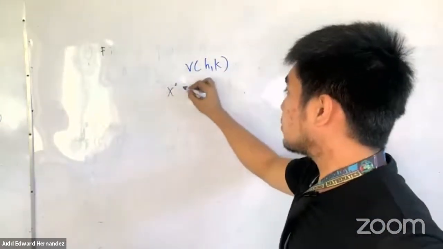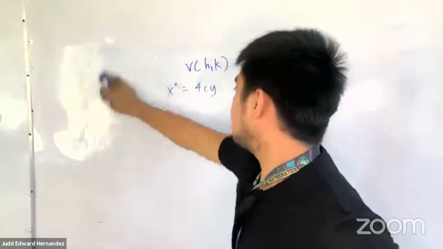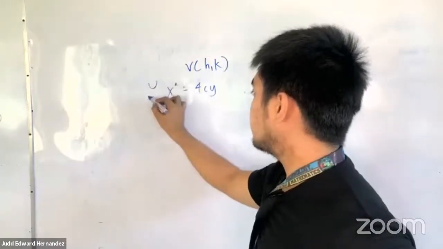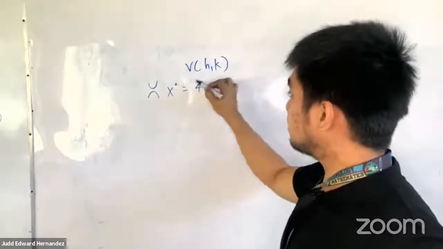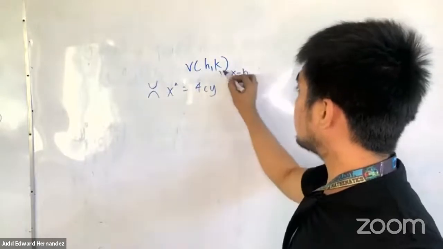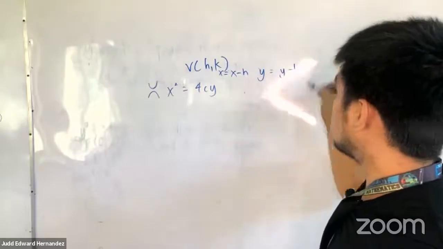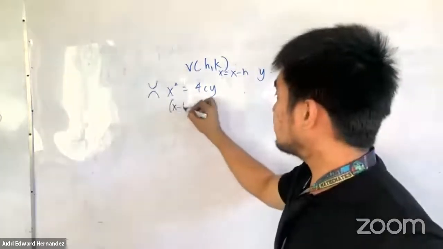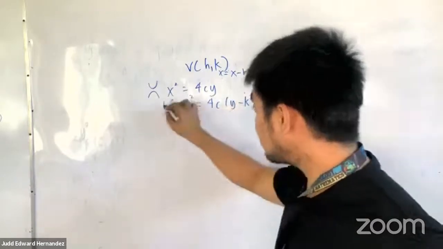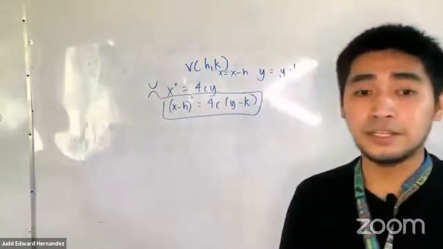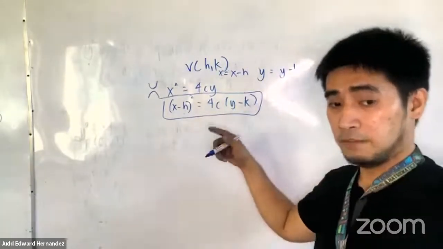From the formula x squared is equal to 4cy, when the formula is like this, our parabola opens upward or downward. Therefore, we replace x with x minus h, and y with y minus k. This becomes (x minus h) quantity squared is equal to 4c times (y minus k). And this will now be our formula, the standard equation of the parabola in vertex form.